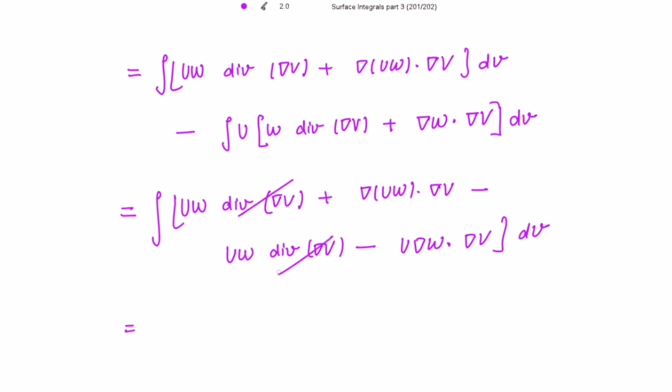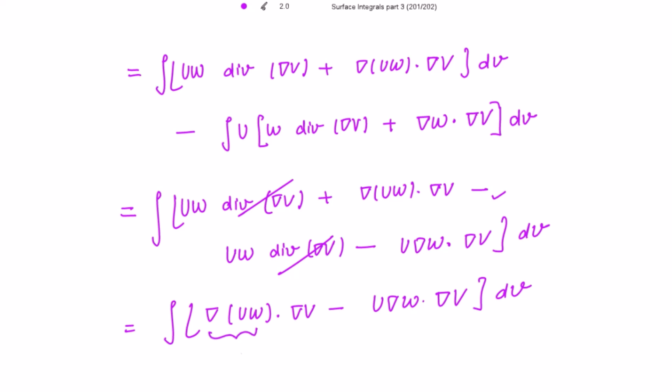So cancelling these two, this is having the negative sign. So we are having the integral of ∇(u w) dot product with ∇v minus u ∇w dot product with ∇v dv. I can write ∇(u w) as grad of u w, that is the gradient of u w.